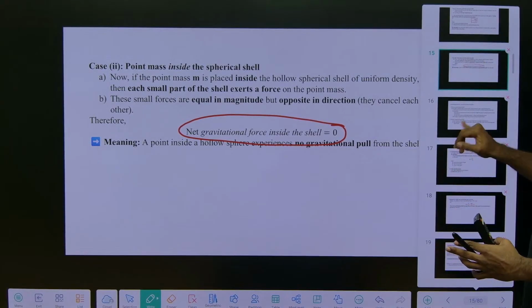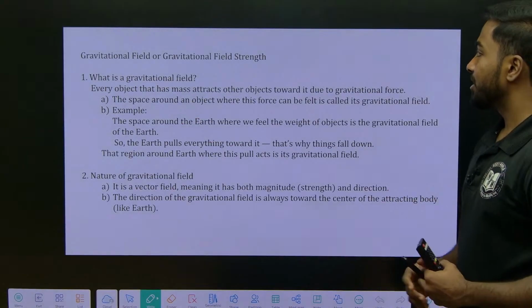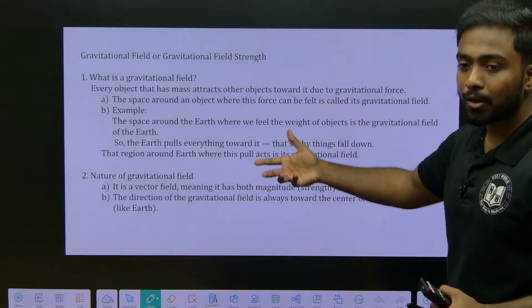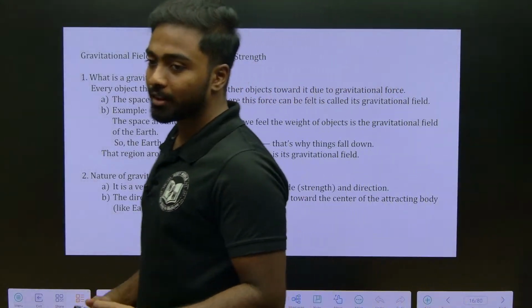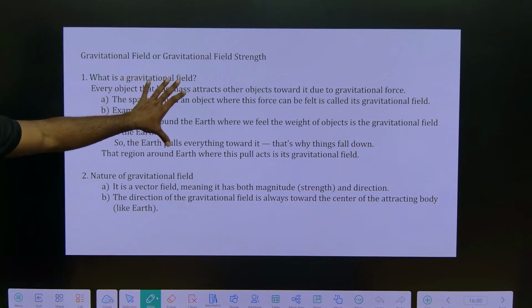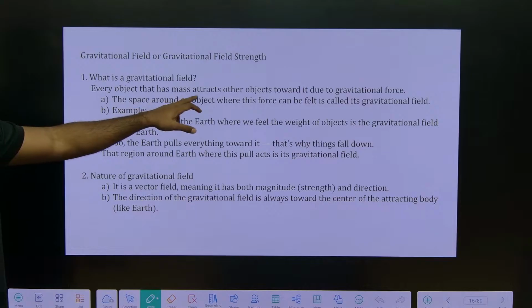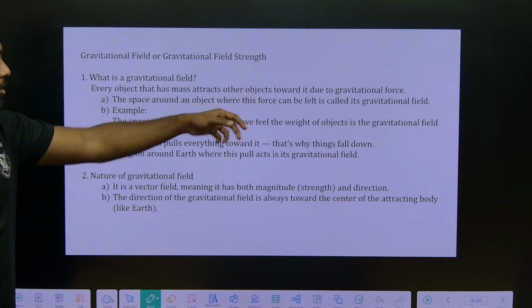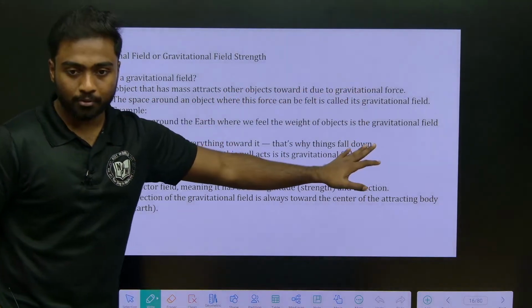So next one, the gravitational field or gravitational field strength. What is the meaning of that field or field strength? So every object that has a mass attracts the other object towards it due to gravitational force, right?